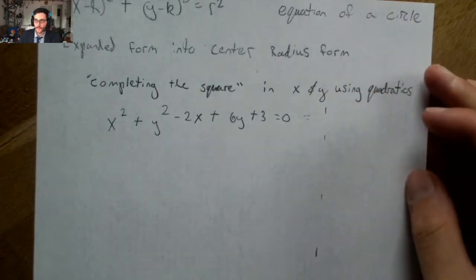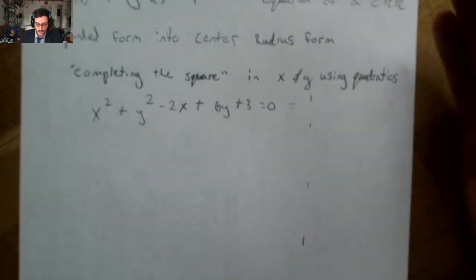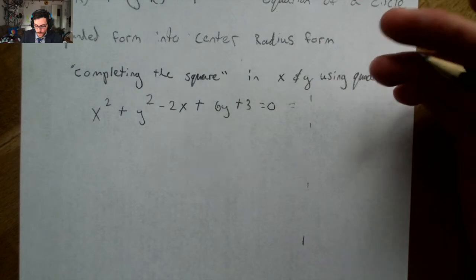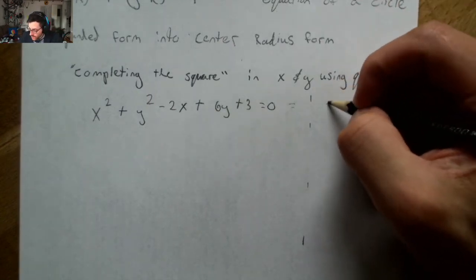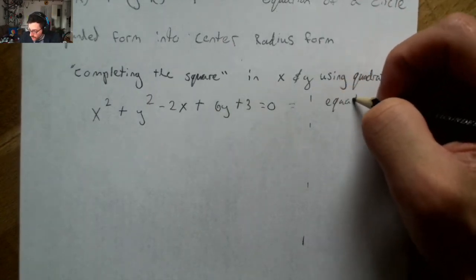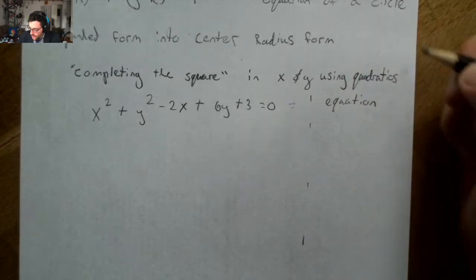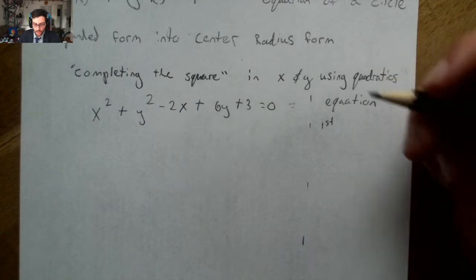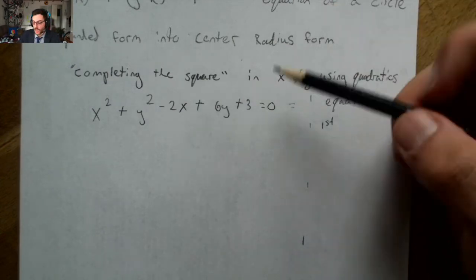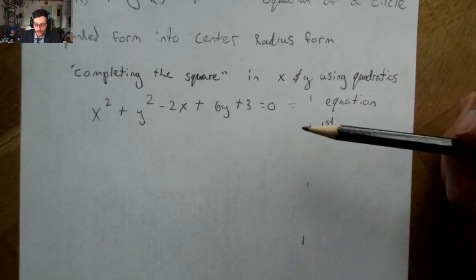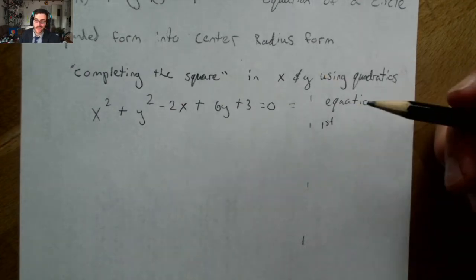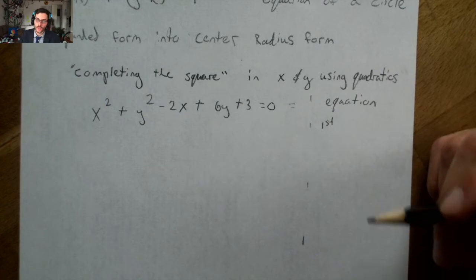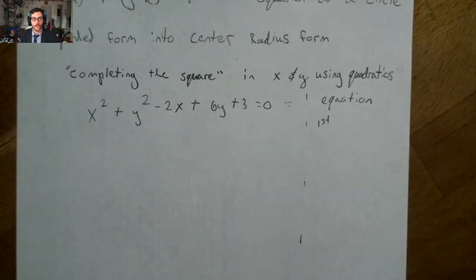All right, so we're going to have our left and our right side for our column of paper. This example here is just going to be the equation we're provided. And our first step is we're going to reorganize the variables and place them into what's called x and y order. Essentially, we're going to have x squared minus 2x, y squared plus 6y. We're going to pair them together.